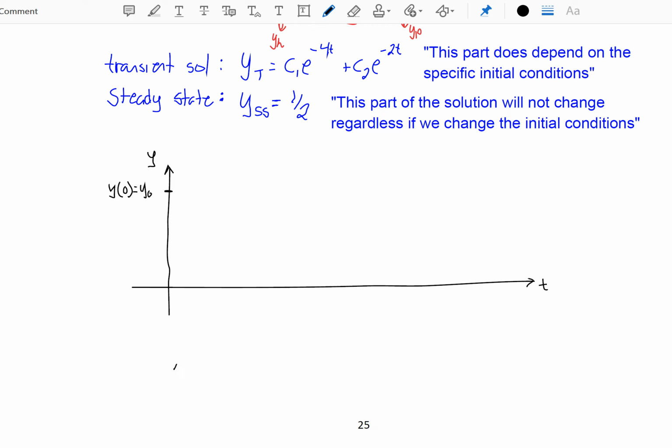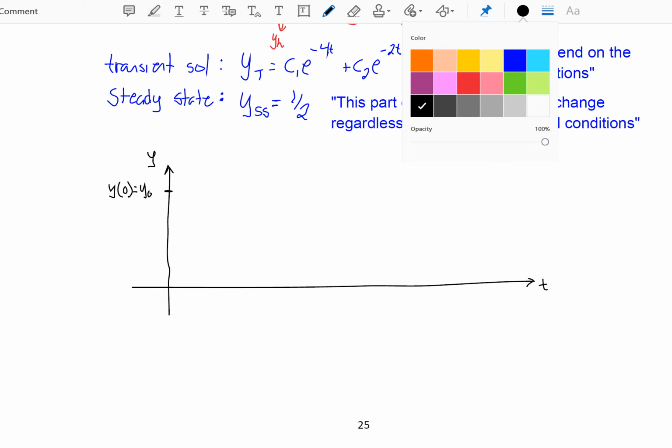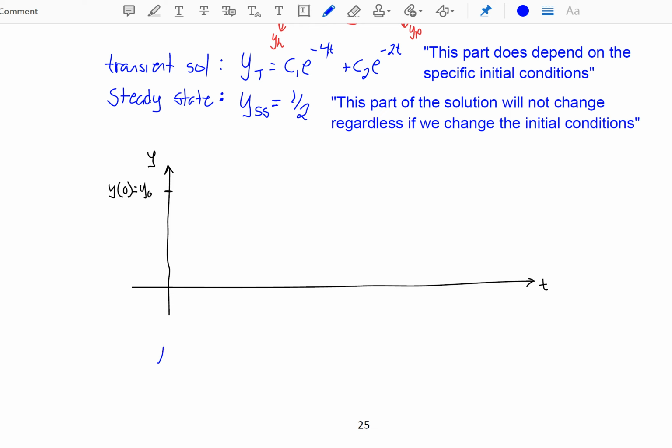So in helping us analyze this, we're probably going to want to consider what is the limit as t goes to infinity of our general solution, c1 e to the negative 4t, c2 e to the negative 2t plus 1/2.